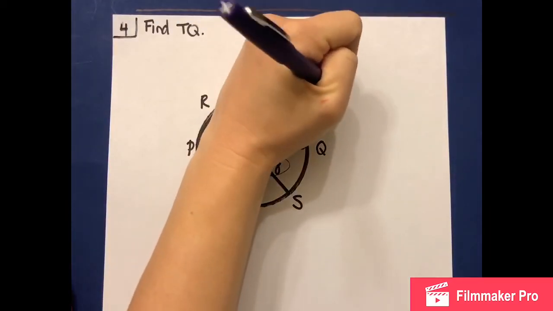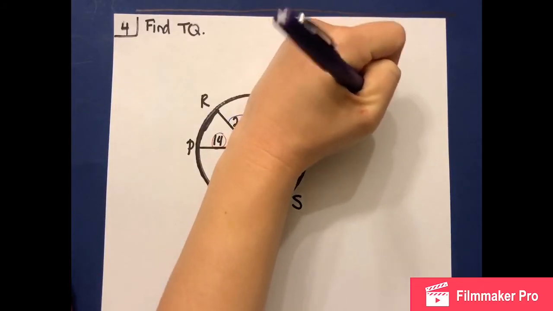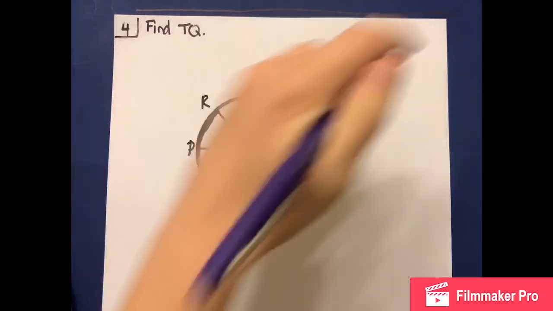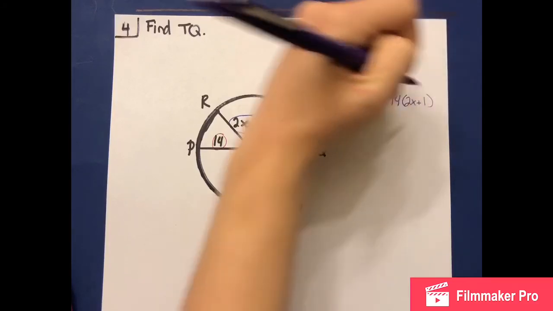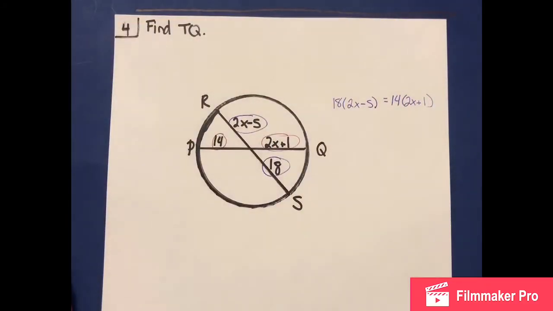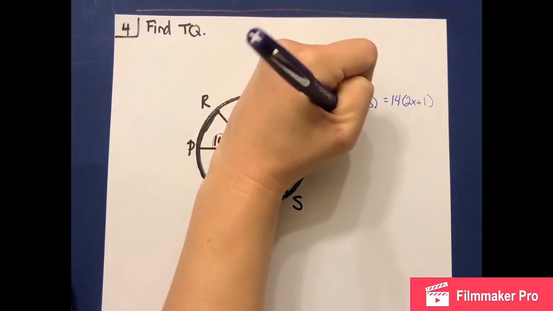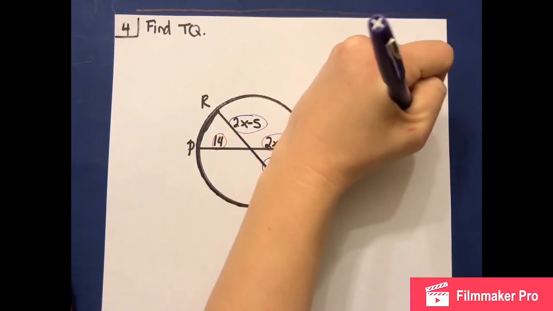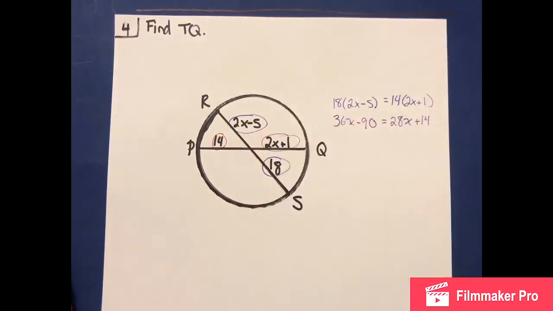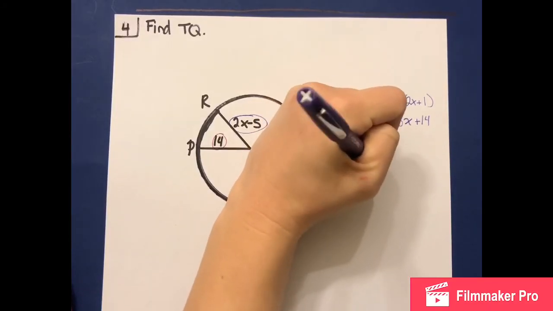So I have 18 times 2x minus 5 equals 14 times 2x plus 1. Okay, I'm distributing through. I get 36x minus 90 equals 28x plus 14. Solve that out. I get x equals 13.